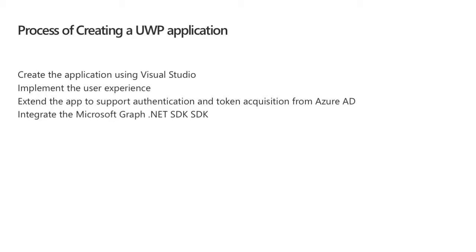And I like to do this because it gives me a flow of how the application is going to work and what the user experience is going to look like without any data in it, without any authentication. We could just essentially have a click through. I'm then going to extend the application to support authentication with Azure AD and to acquire a token from Azure AD. And in my case, we're going to use that to leverage calls to the Microsoft Graph .NET SDK.